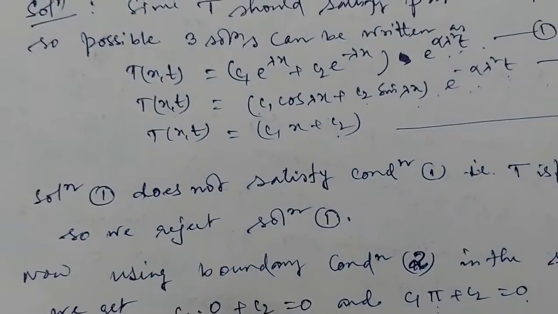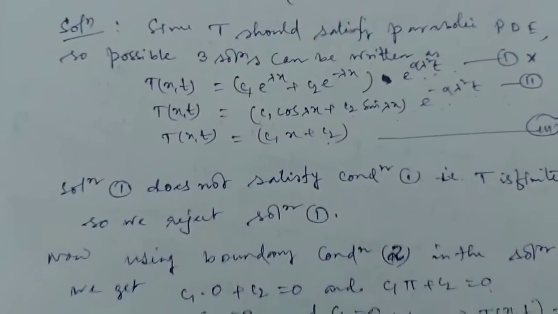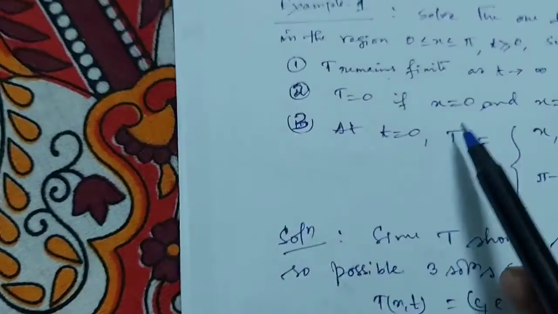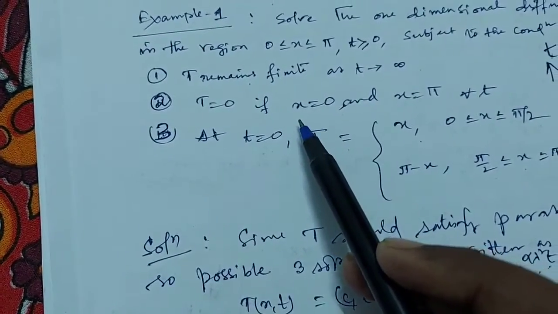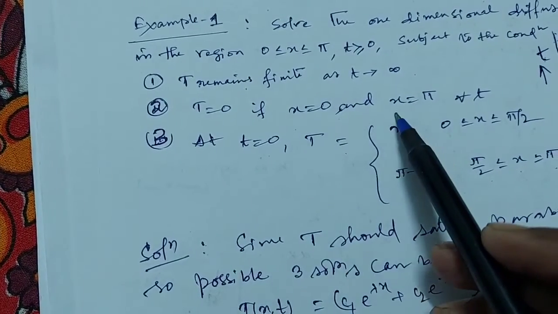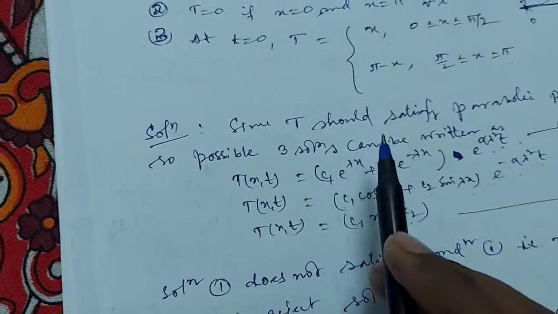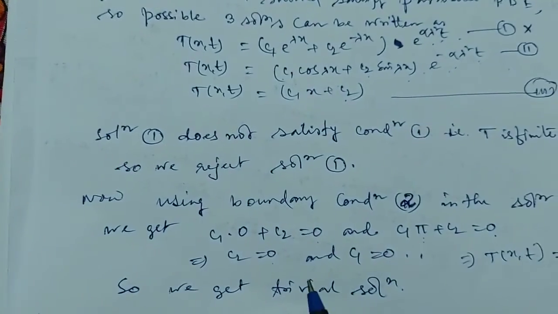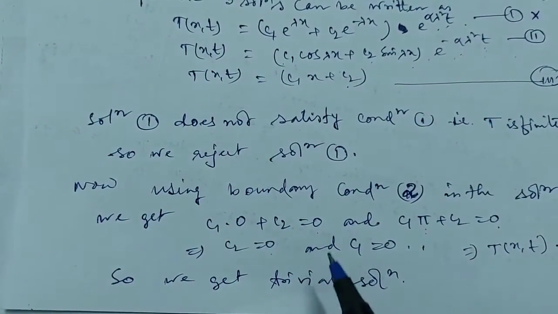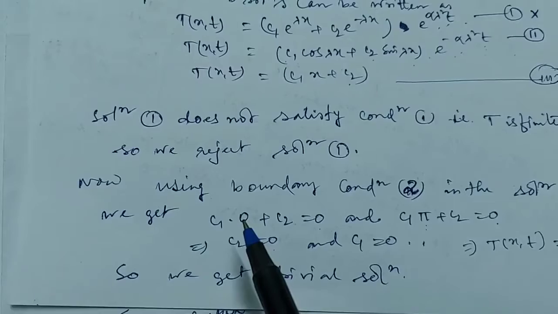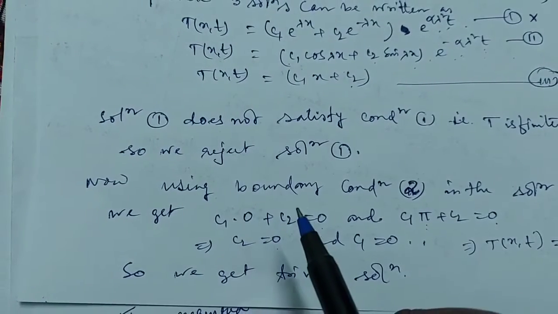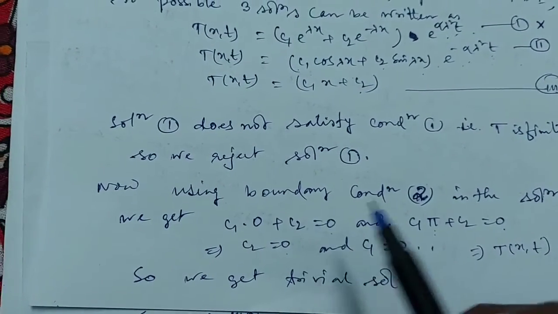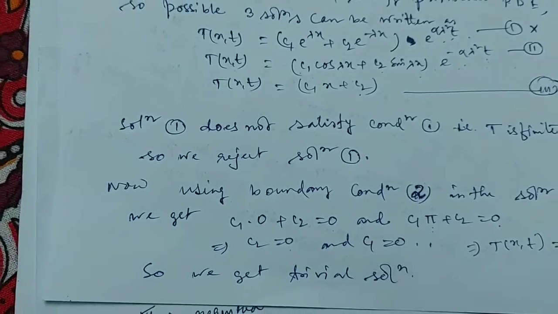Now in the third solution we put the boundary condition, T is equal to 0 if x is equal to 0 and x is equal to pi for all t. So if we put x is equal to 0 in solution 3, then we get c1 into 0 plus c2 is equal to 0, and c1 pi plus c2 is equal to 0.